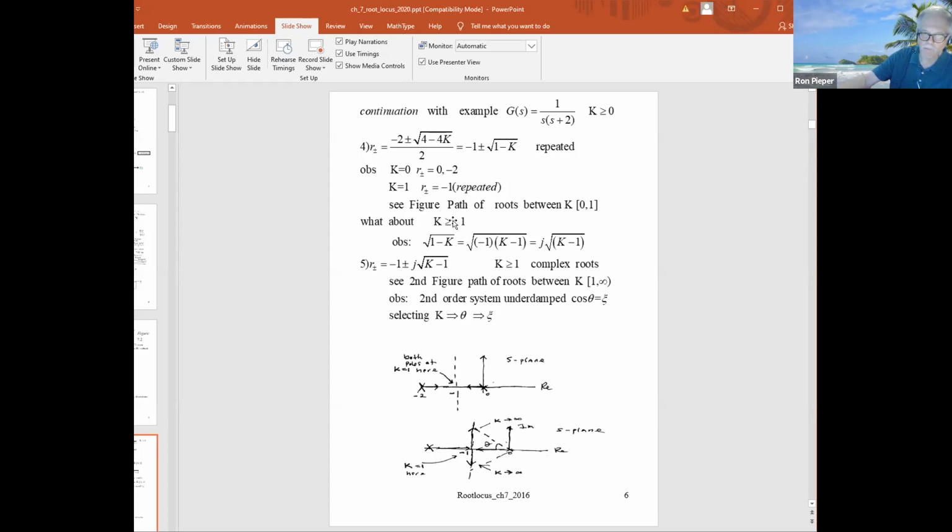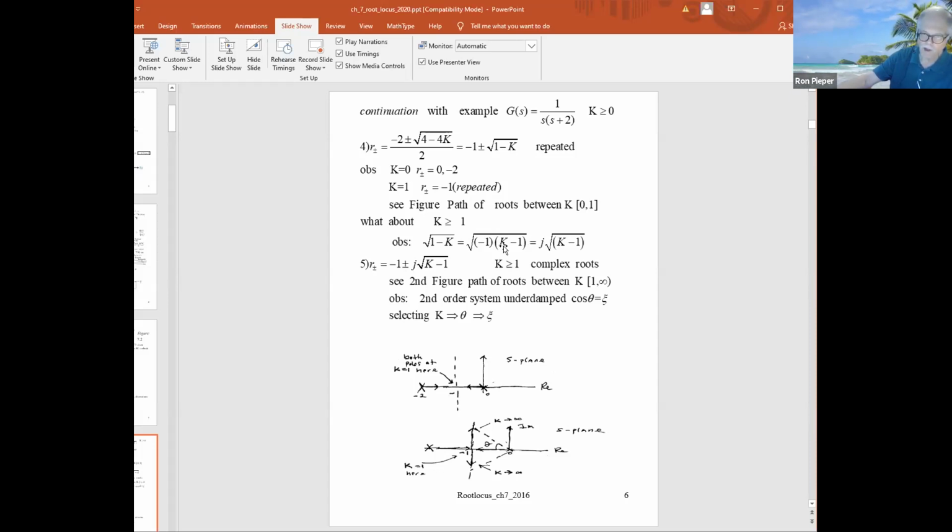Then the next step is we're going to consider k greater than or equal to 1, in which case we have this consideration. We have to handle this square root, because once k becomes bigger than 1, we're taking the square root of a negative number, which is okay as long as we handle it correctly. So I would argue you can write the 1 minus k as a minus times k minus 1, just from an algebra viewpoint.